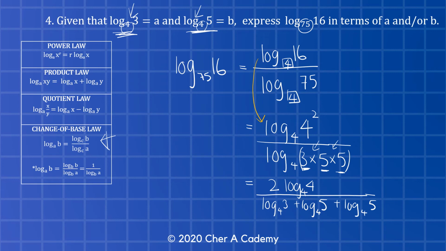Okay, running out of space here. So log base 4 of 4 is 1, so my numerator is just 2. Log base 4 of 3 is a, so I'll replace it with a. Log base 4 of 5 is b, so I'll replace it with b, plus the same thing, b, and my final answer is 2 over a plus 2b.